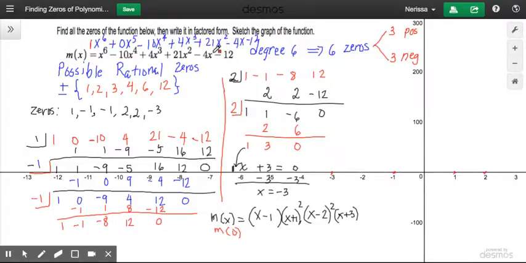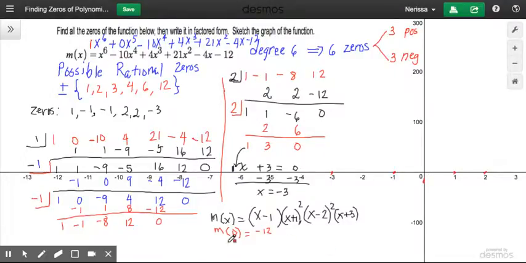And so we will be left with this. This is the y-intercept. M of 0 equals negative 12. So where would that be? Well, if this is scaled to 100, we'll divide this into 10 parts. So maybe negative 12 is probably somewhere here.